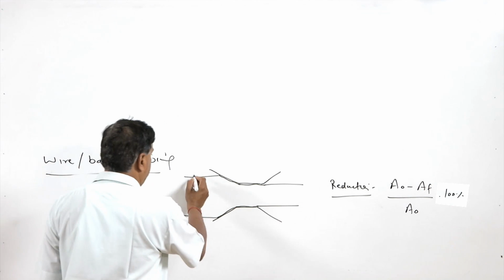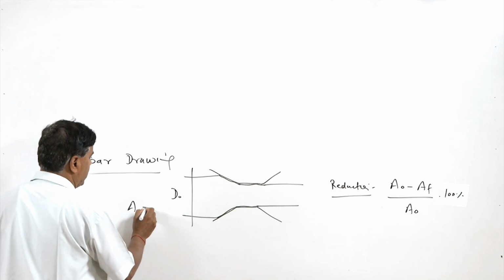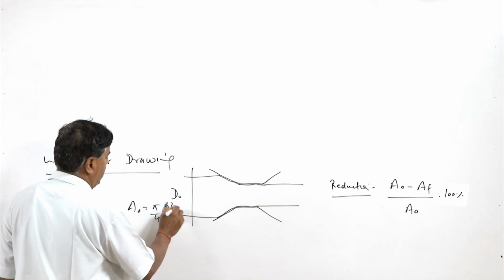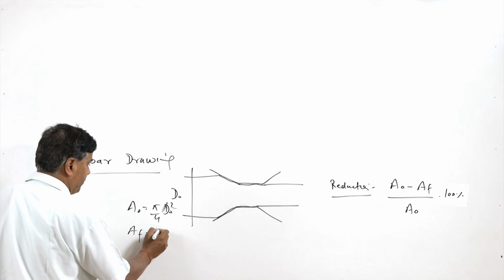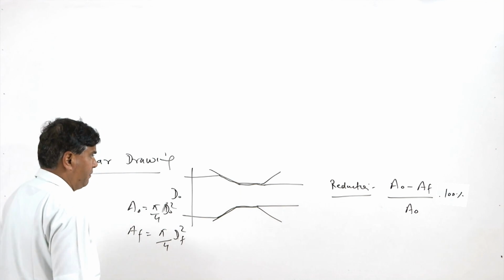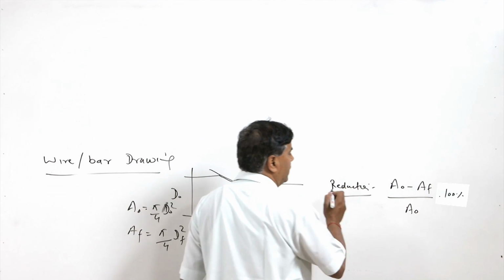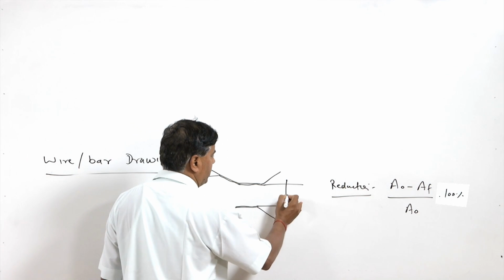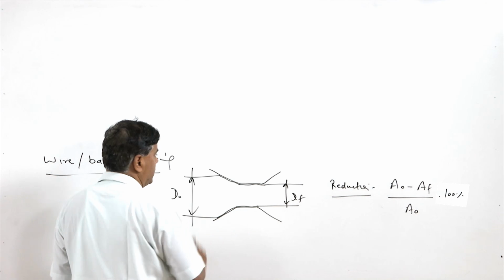The initial cross sectional area is obtained from A naught equal to pi by 4 D naught square, and the final cross sectional area AF is obtained from pi by 4 DF square, and these are used to calculate the reduction percentage taking place as a result of the drawing. So, this will be determining the DF and this is the D naught.